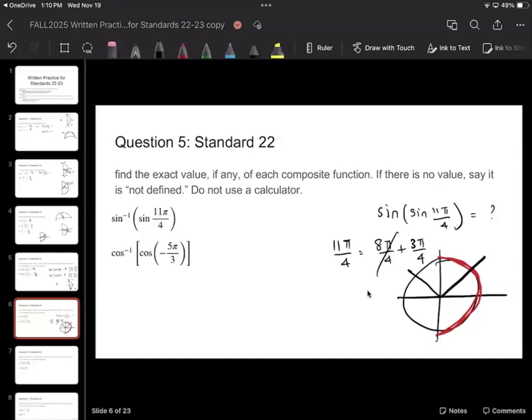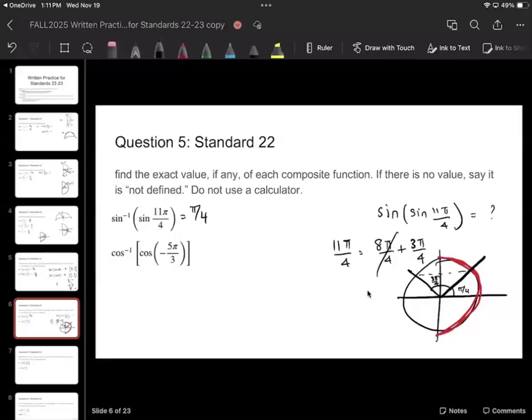So what you are trying to do is find an equivalent angle which will have the same sine value, correct? If you want to look at 3 pi over 4, the same sine value is at pi over 4. So this answer is pi over 4.